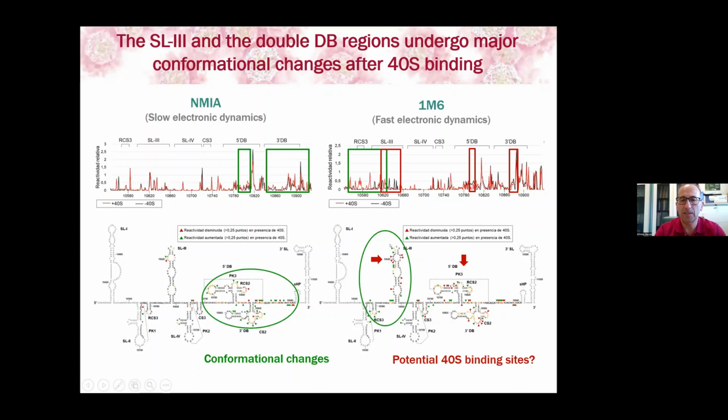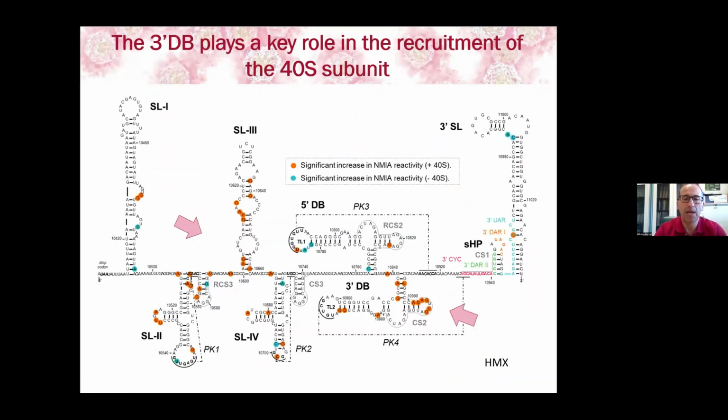This is the area that includes the structural unit named SL3, and this other area that includes two structural units known as the 5' dumbbell and the 3' dumbbell. So these two areas are postulated as the potential binding sites for the ribosome.